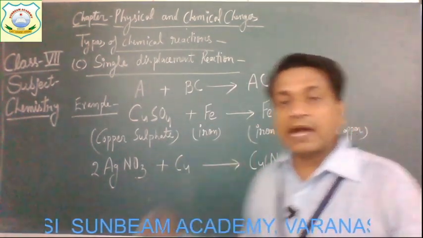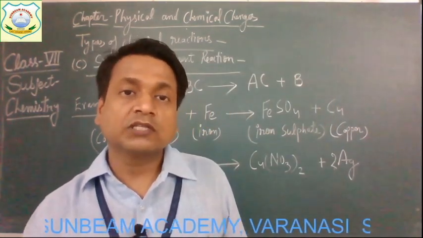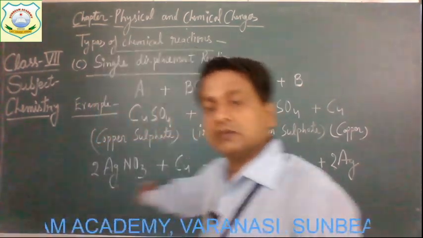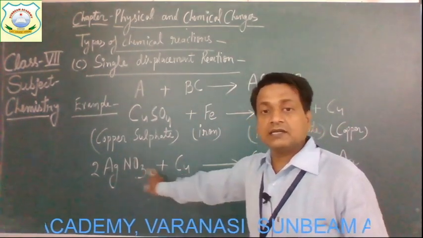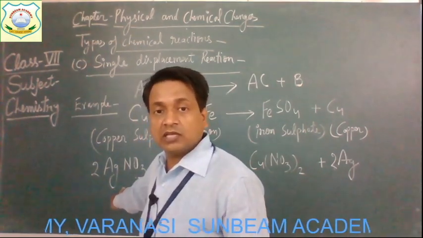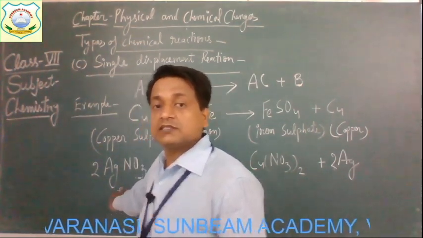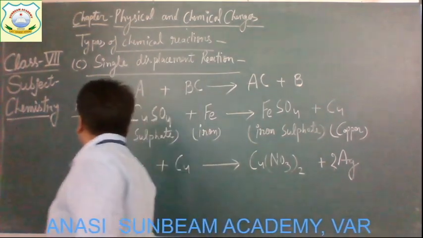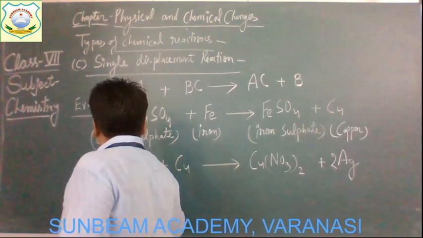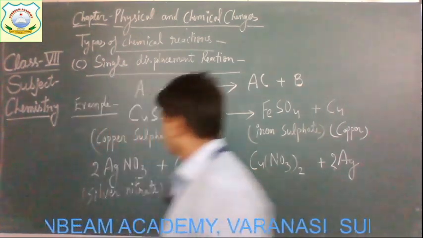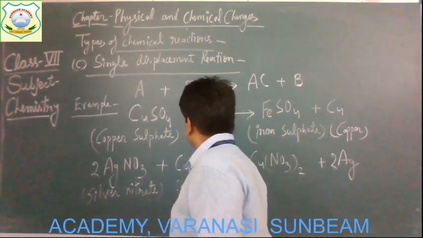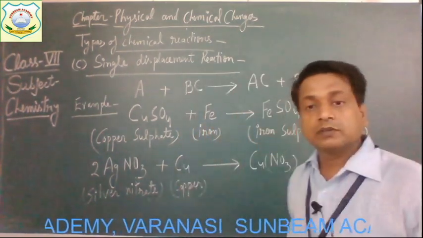So this one is the balanced equation which shows the displacement reaction, in which copper displaces the silver. Okay, children? Now, AgNO3. What is this? This is silver nitrate. Cu, this is the symbol of copper.